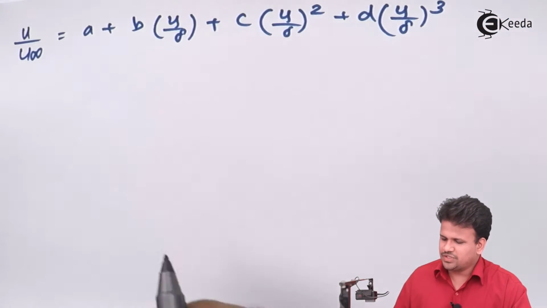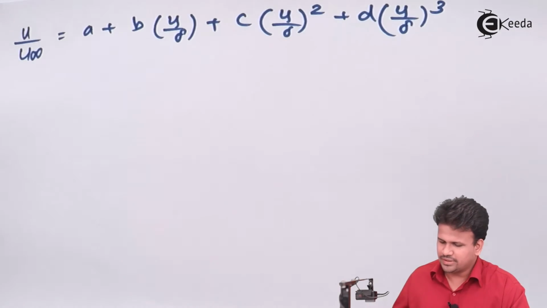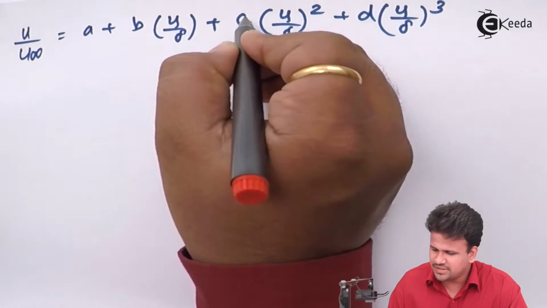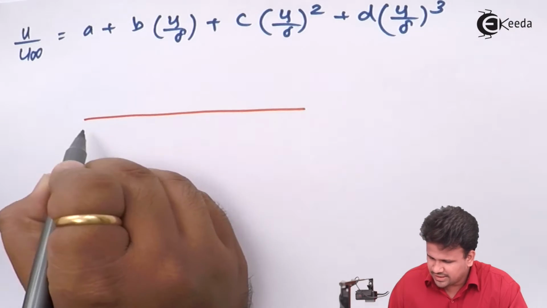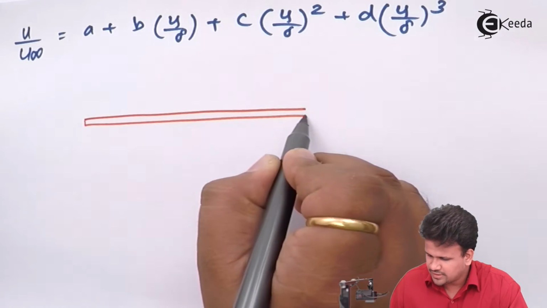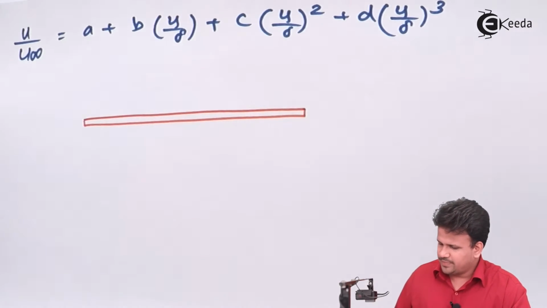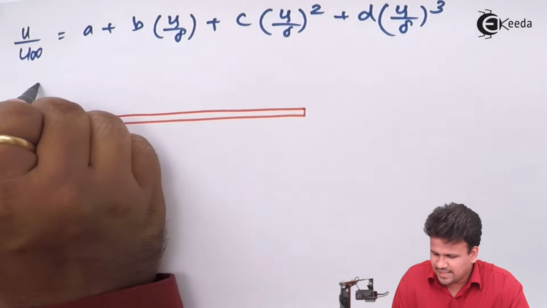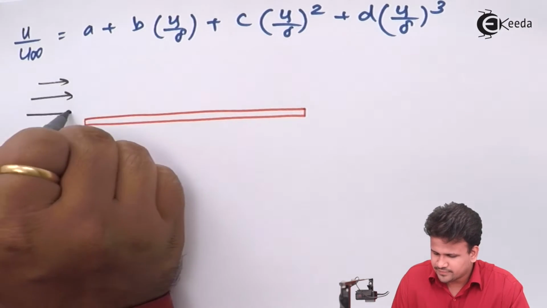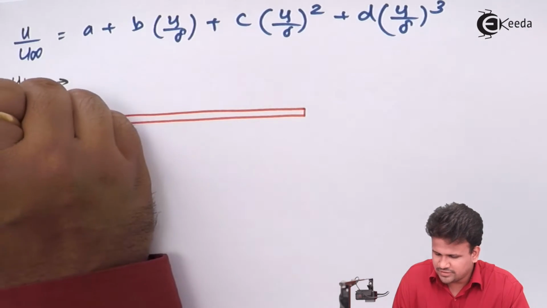Now in this equation we have to substitute the boundary conditions to get the values of a, b, c and d. To know the boundary conditions, first let us draw a flat plate. On this flat plate there is air which is moving at u infinity.